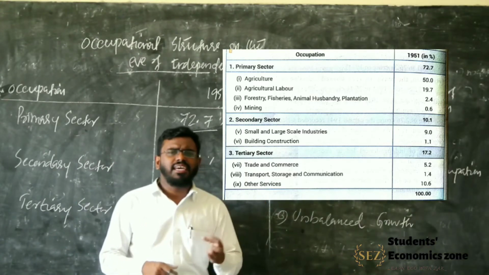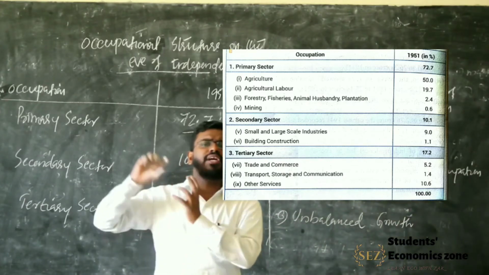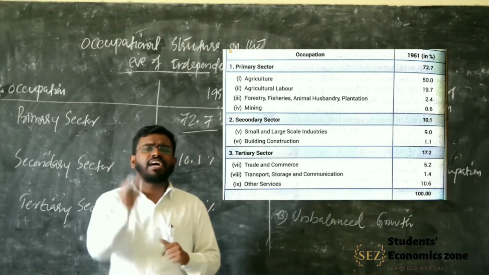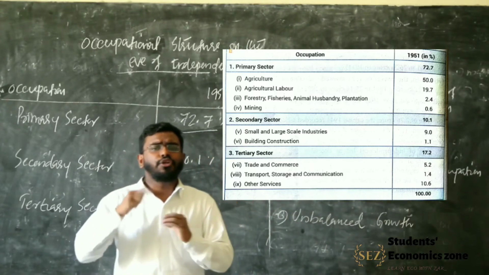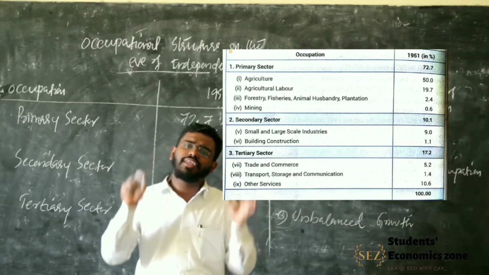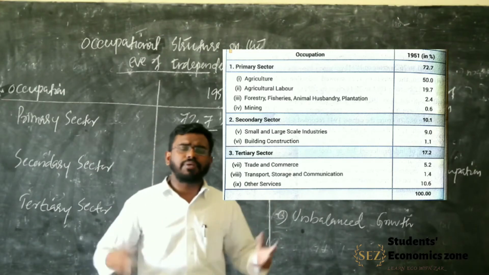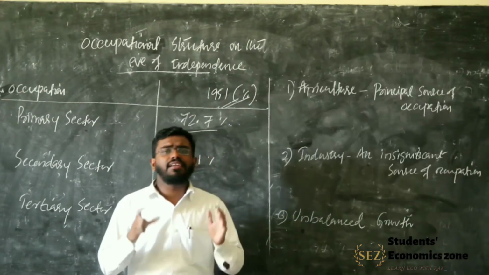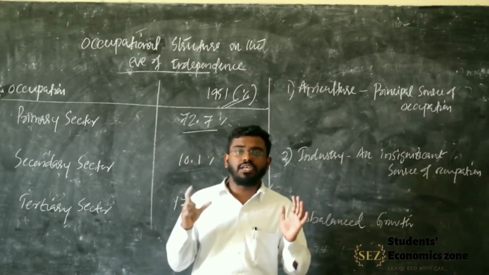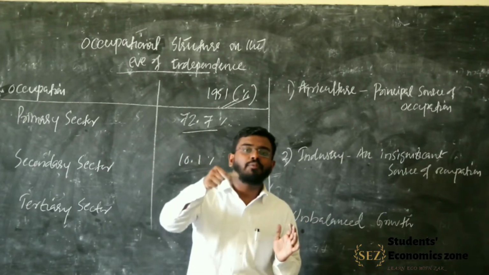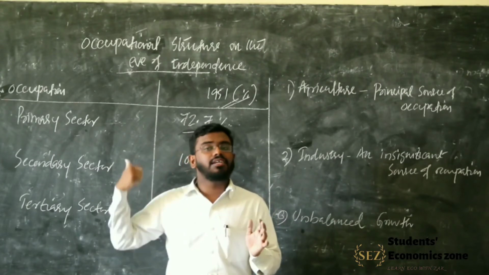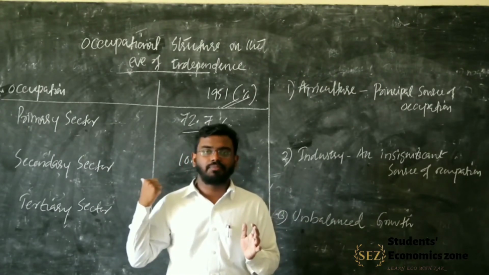Normally, in a developed nation, the share of the agricultural sector in GDP is very low. In the present situation in India, more than 51% of the working population is engaged in the agricultural sector.